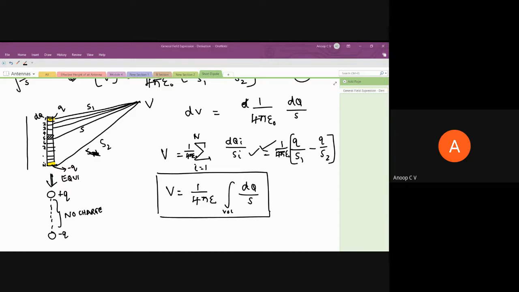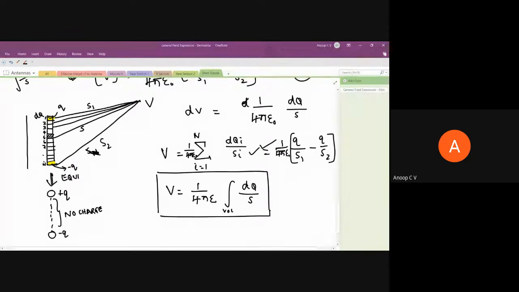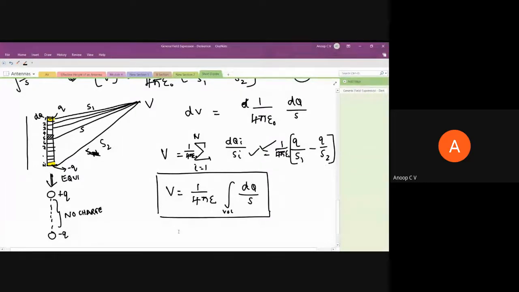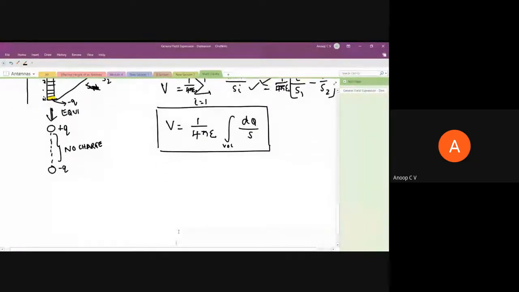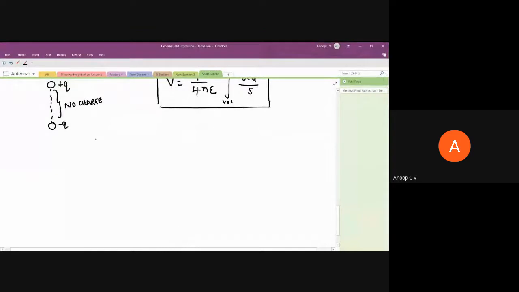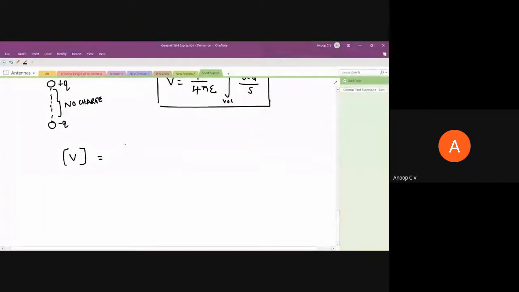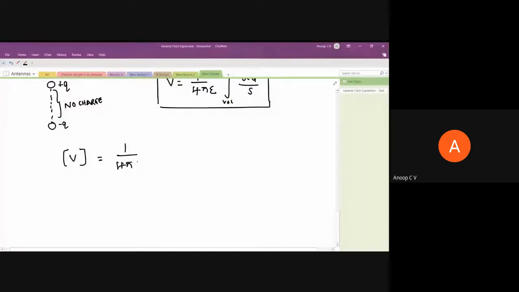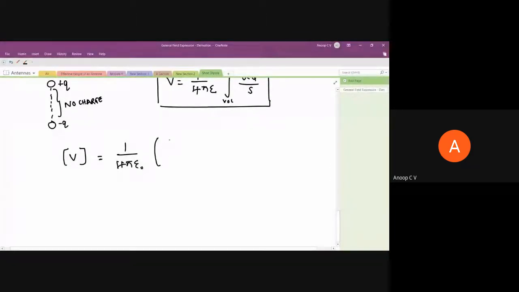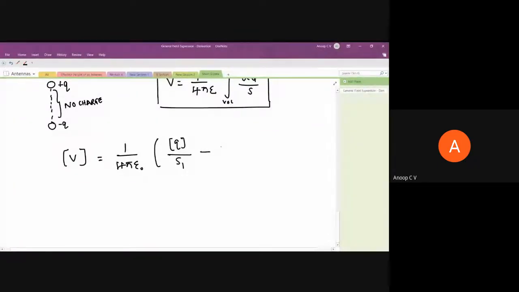Okay, fine. So again, that's what we have. The retarded potential due to this differential element is 1 by 4 pi epsilon naught, retarded charge divided by S1 minus retarded charge divided by S2.